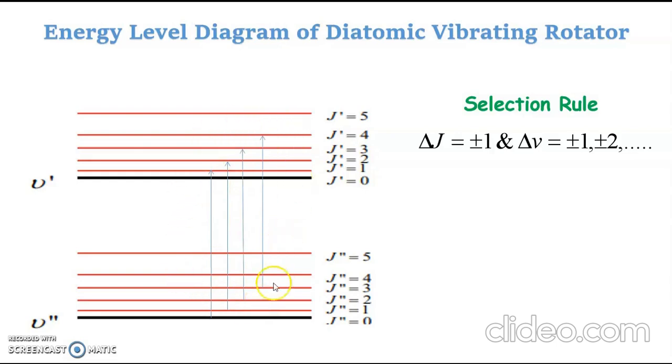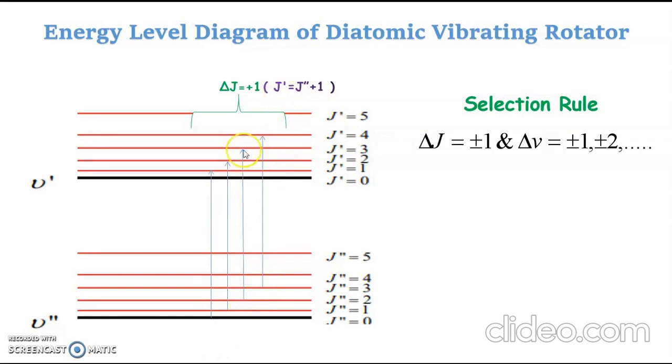For all these transitions, J prime becomes J double prime plus 1, that is delta J is equal to plus 1, and we can write J prime is J double prime plus 1.